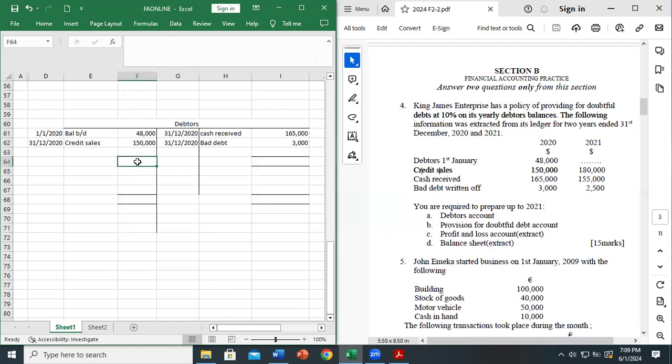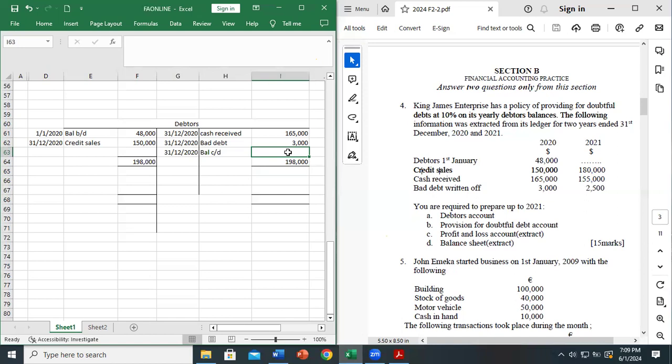So let's do the balancing. So we have 198,000. So I think the difference will be balance carried down of 198 minus 168.